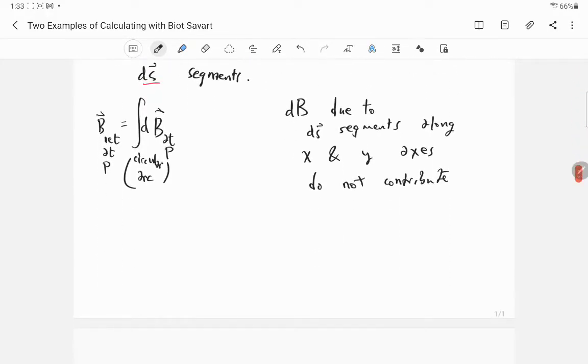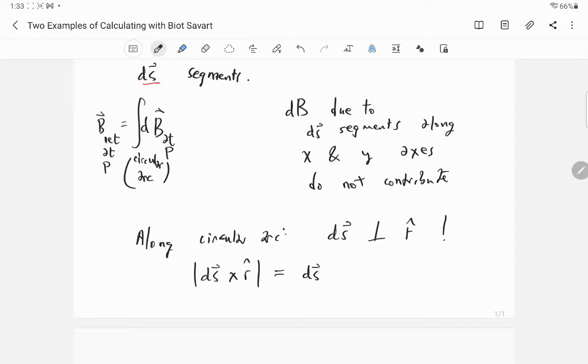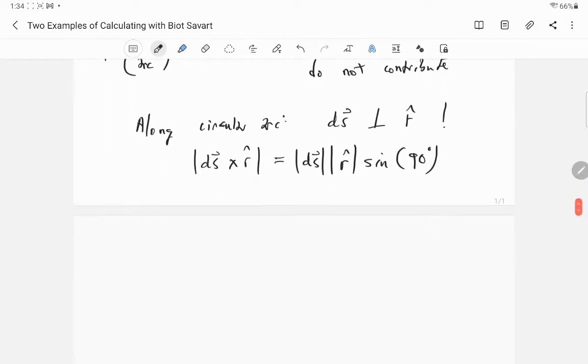Okay, so along the circular arc, ds is perpendicular to r hat, which means that ds cross r hat is going to have a magnitude equal to ds times r hat times the sine of 90 degrees, because ds and r hat are perpendicular.